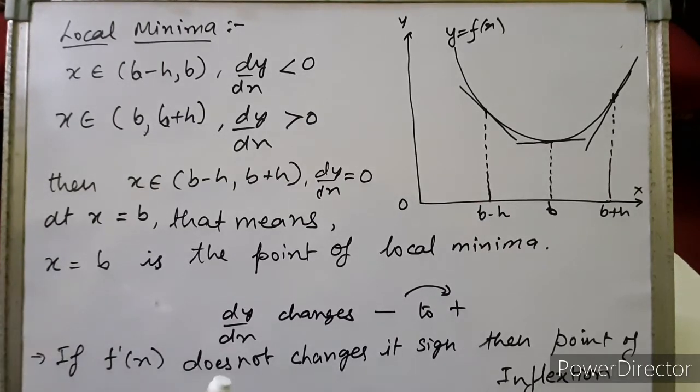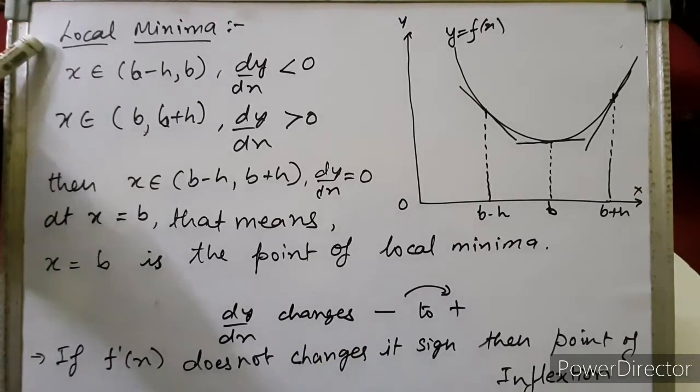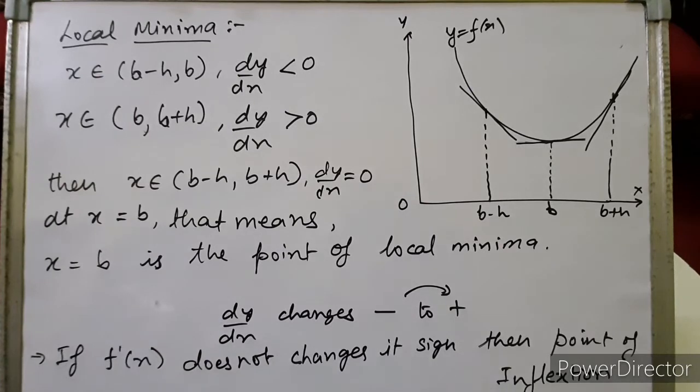We can also say that when the derivative changes sign from negative to positive, we are getting a local minimum value at that point, right? Now children, if the derivative is not changing sign, either we are getting minus minus as we are moving, or both plus signs, then what happens?